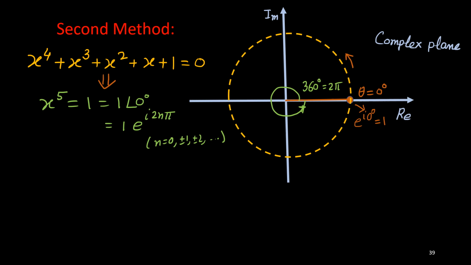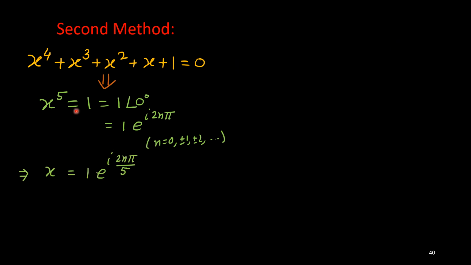Now it is very easy to compute all the 5 solutions. So x is very simple. Now I'll take the 1/5 root of this one, so its magnitude is 1. 1 to the power 1 by 5 is again 1, and here it will become e to the power i 2n pi upon 5, whole to the power 1 upon 5. 1 upon 5 is multiplied, so it is 2n pi by 5.